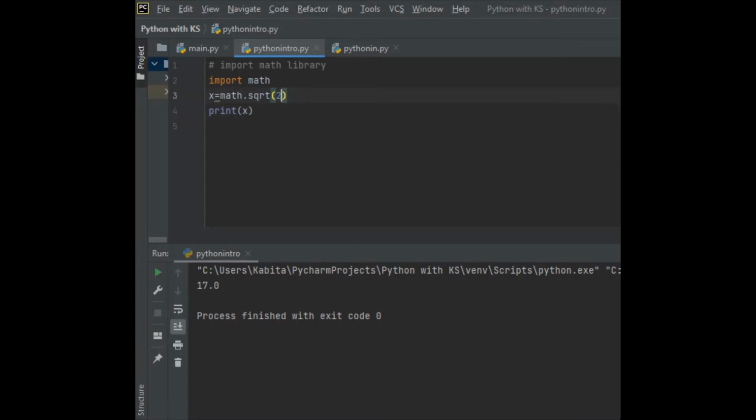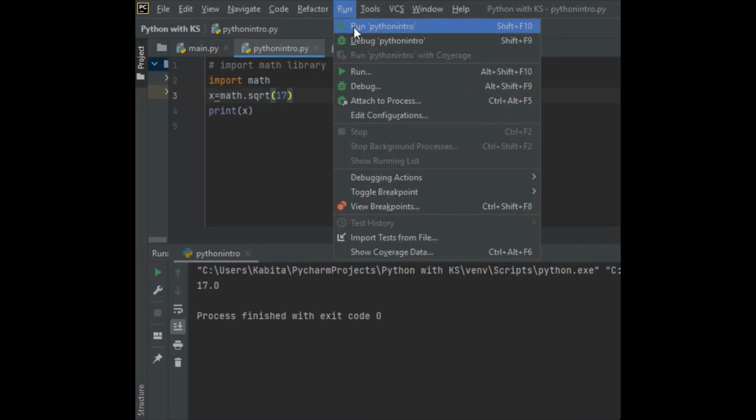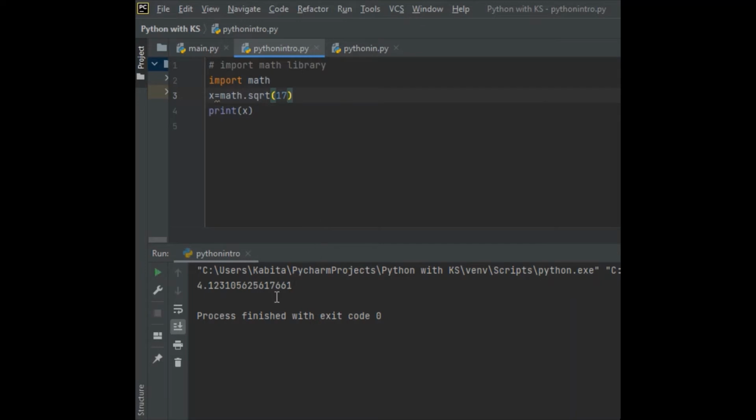Now let's change the number. Say we would like to find the square root of 17. So we are getting 4.123, so on. Now let us print the result up to 2 decimal places.